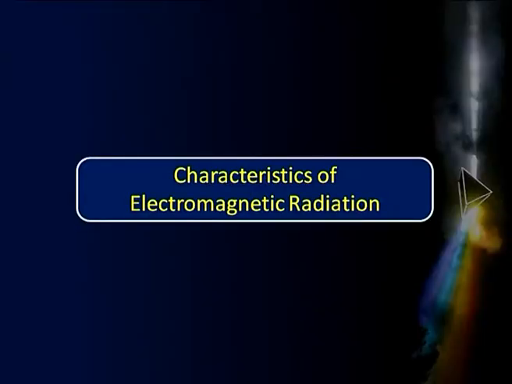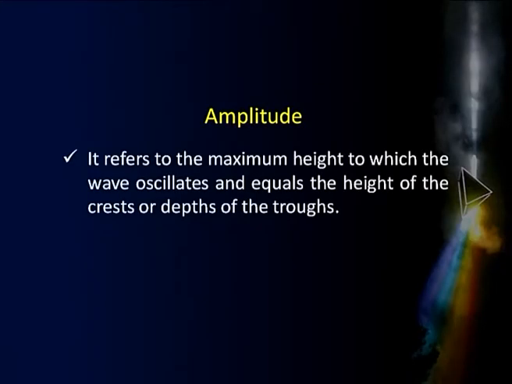There are a number of characteristics which are identified with the electromagnetic radiation. Let us understand what characteristics we can ascribe to EM radiation. The first one is called amplitude. Amplitude refers to the maximum height to which the wave oscillates, and it equals the height of the crest or the depth of the trough.